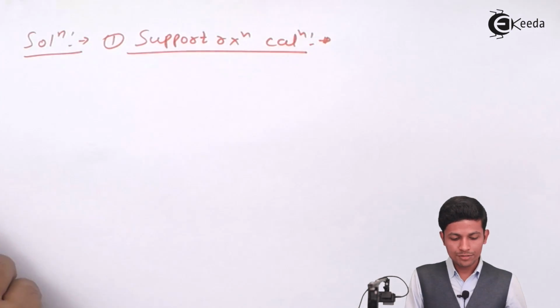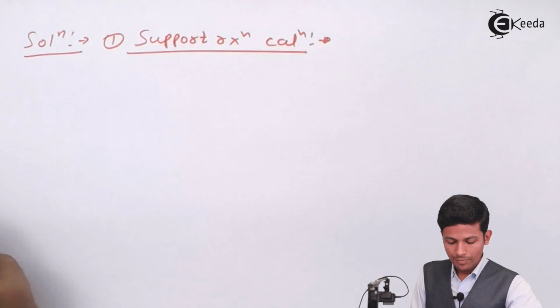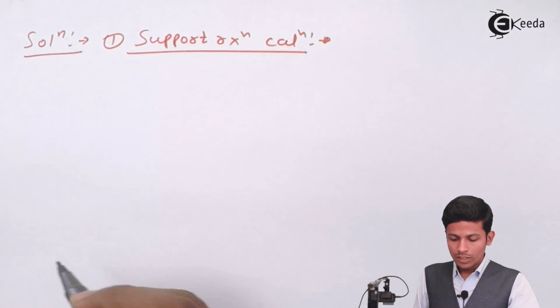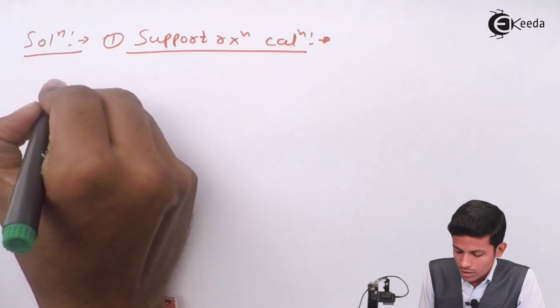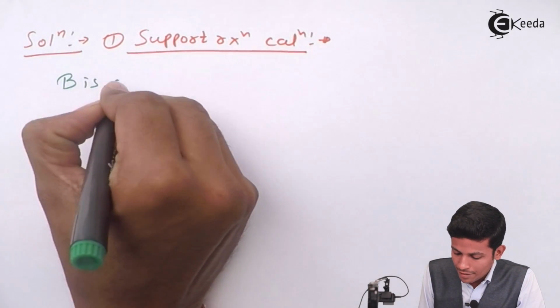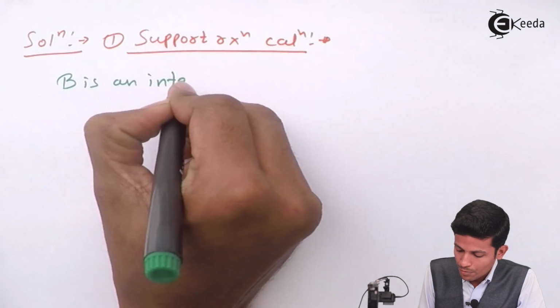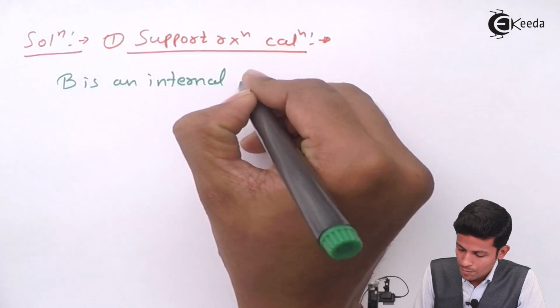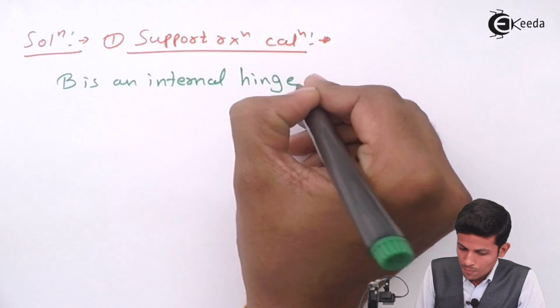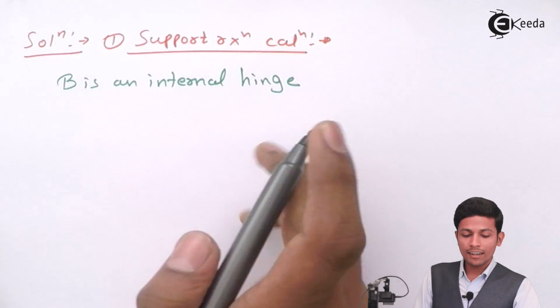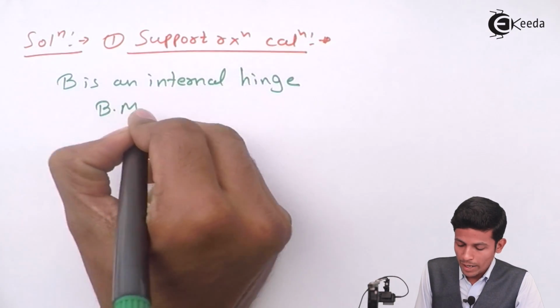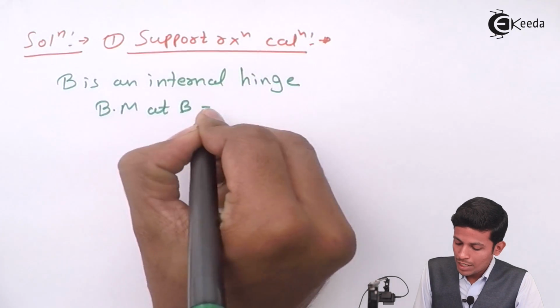Now what we have to do, since B is an internal hinge, the bending moment at B will be 0.